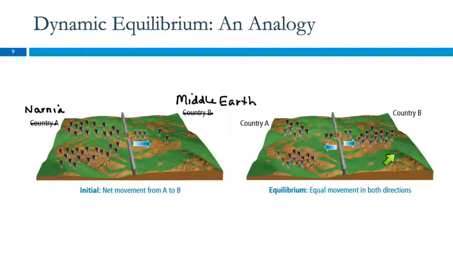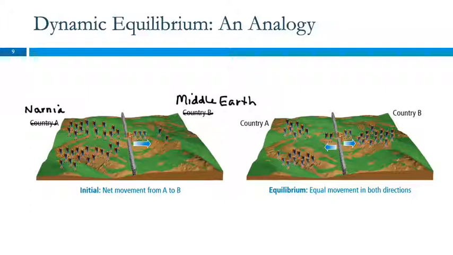And so it could happen that now we have equal population density in the two countries. We still have people moving from Narnia to Middle Earth, and people moving from Middle Earth to Narnia because, you know, maybe you married somebody whose family lives in the other country and you move over there, or you're just a dissatisfied person and the grass is always greener on the other side of the country line.